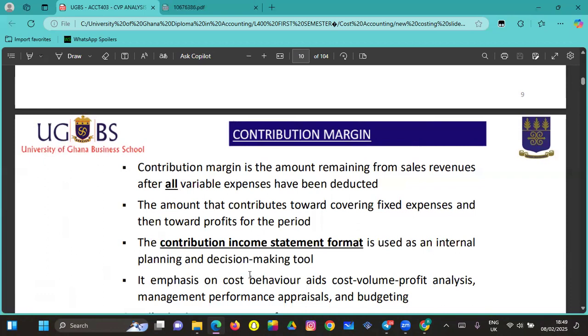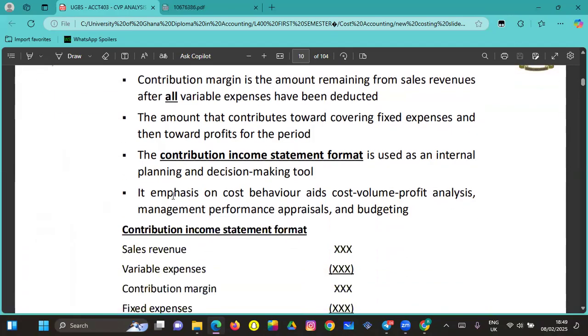So it is the amount that contributes towards covering fixed expenses and then towards profit for the period, right? So the contribution income statement is used as an internal planning and decision-making tool.